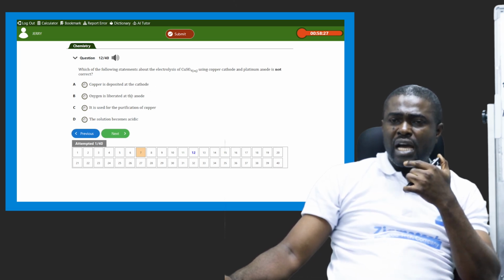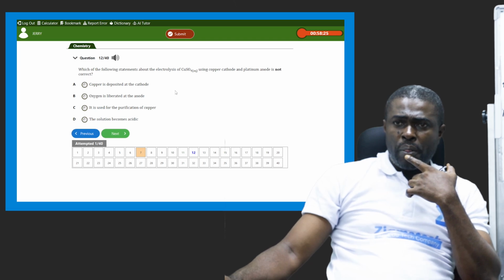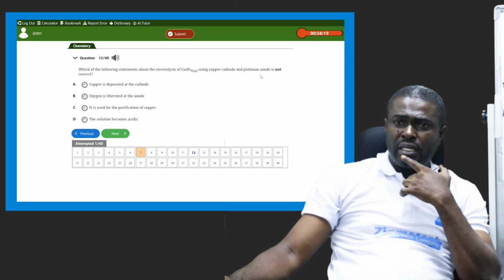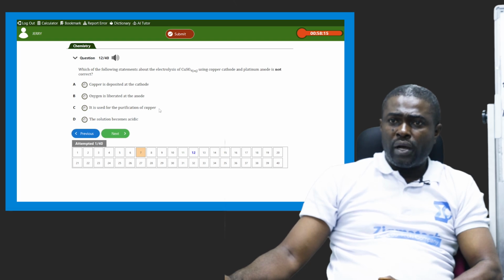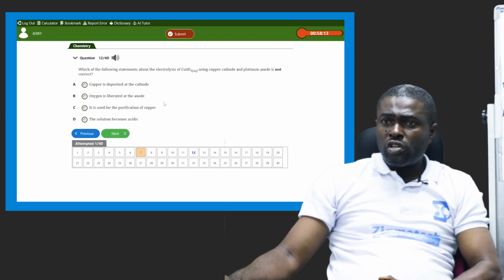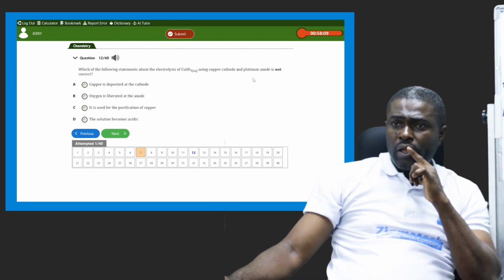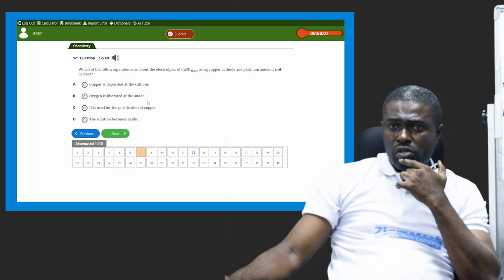Oxygen is liberated at the anode, from the solution of SO4 2- and OH-, yes, I agree, because it's using an inert electrode. It is used for the purification of copper. Is the anode made of copper? No. So this is wrong.